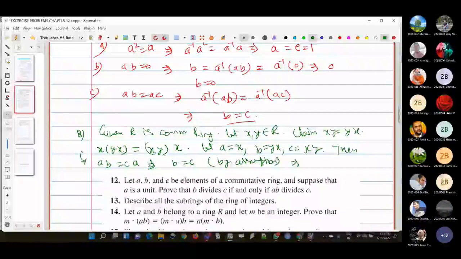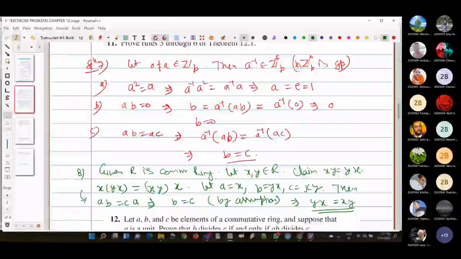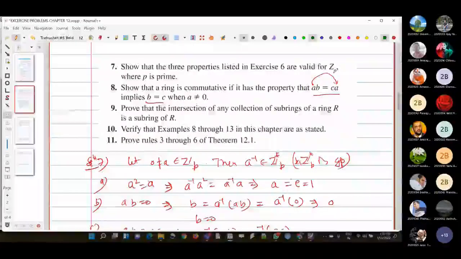B is YX and C is XY, so this says that R under multiplication is commutative.